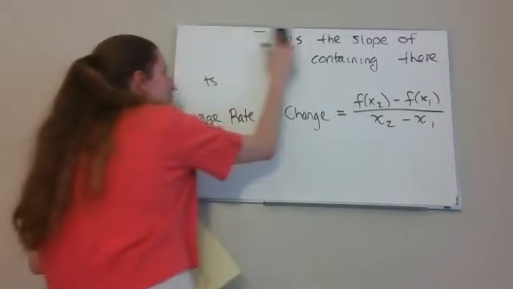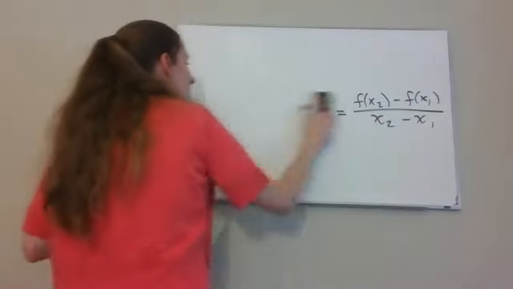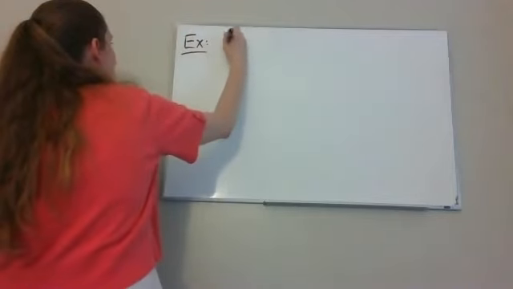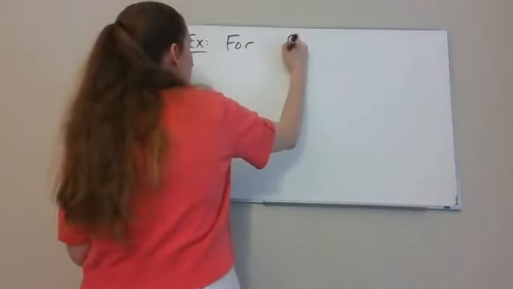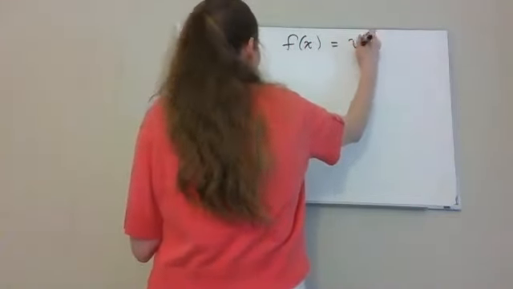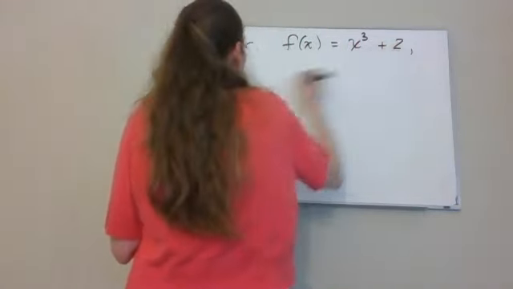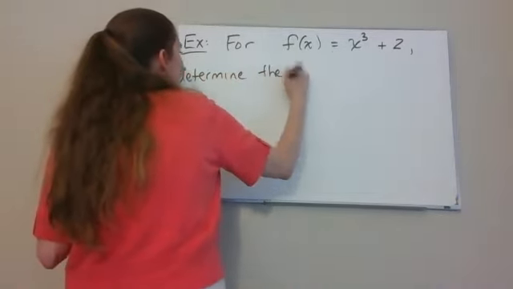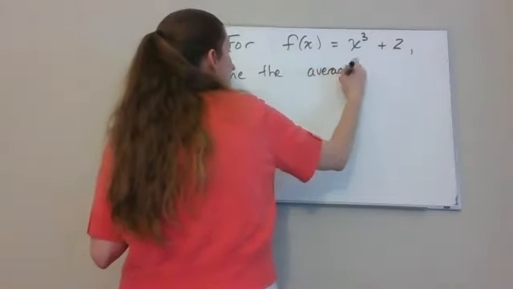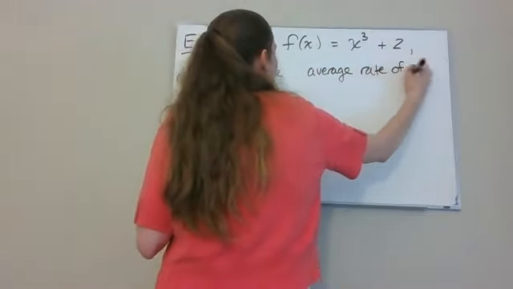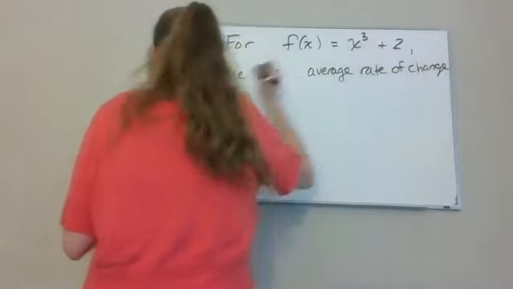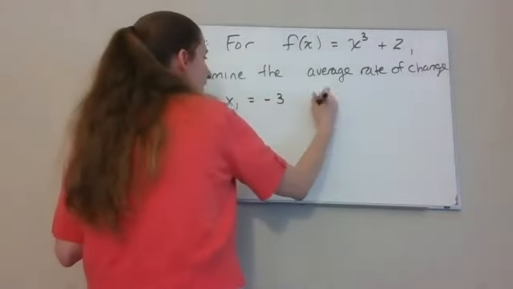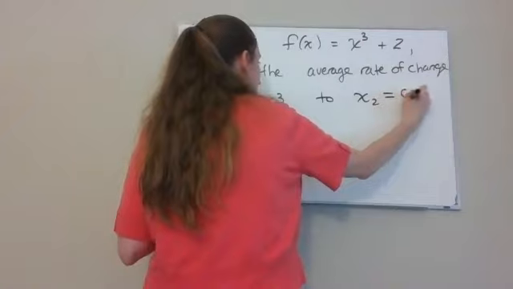So let's do an example where we calculate the average rate of change. For the function f of x equals x to the third plus 2, determine the average rate of change from x1 equals -3 to x2 equals 0.